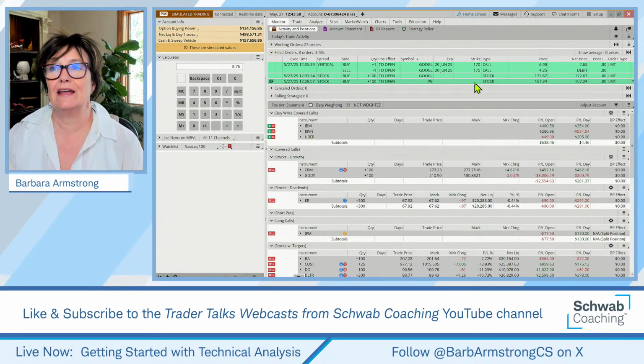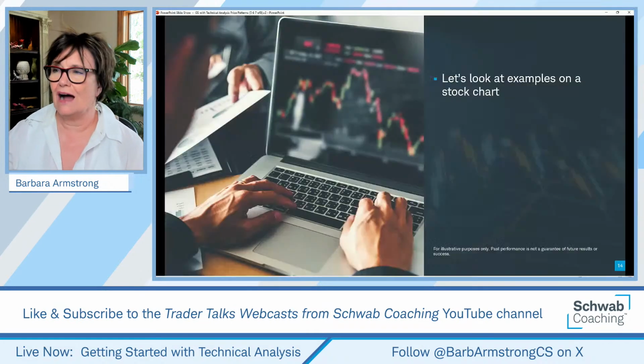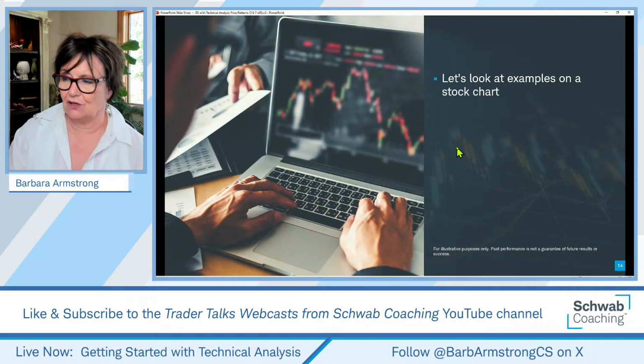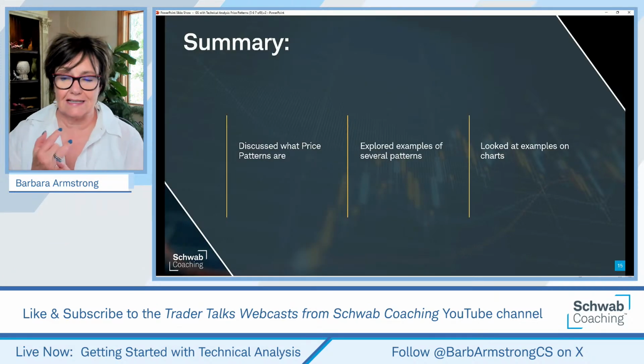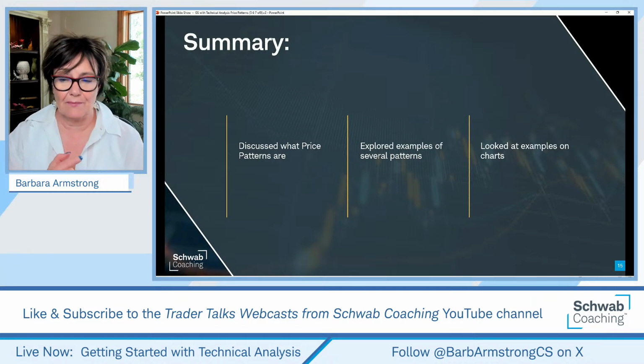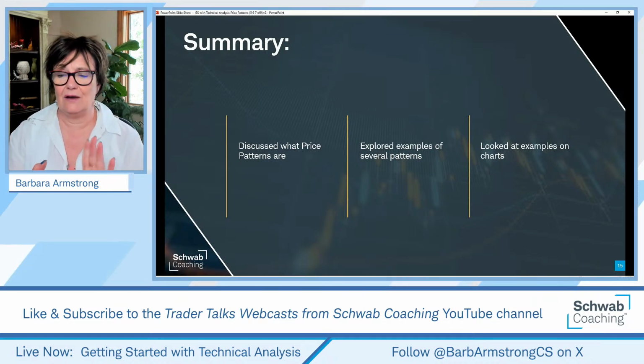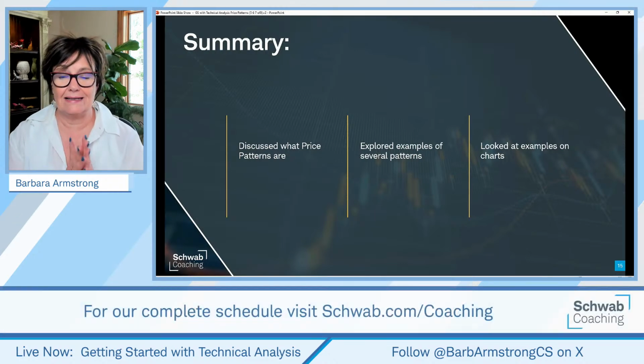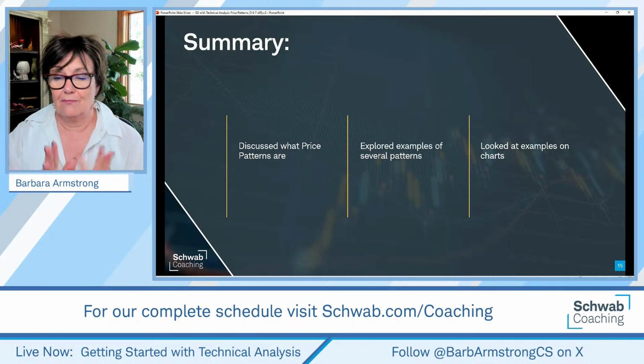And today has been all about triangles, my friends. So I think we've done what we set out to do. We've discussed what triangles are, we've explored a bunch of triangle patterns, and then we've looked at how we might establish a target and an exit by looking at those example patterns.